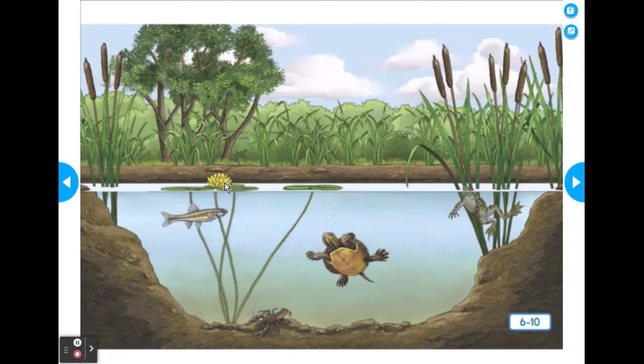How do you think the water lily gets its air and sunlight? They're on top of the water, so they can get all the air and sun they need. And then we see that the roots soak up water and nutrients from the bottom.